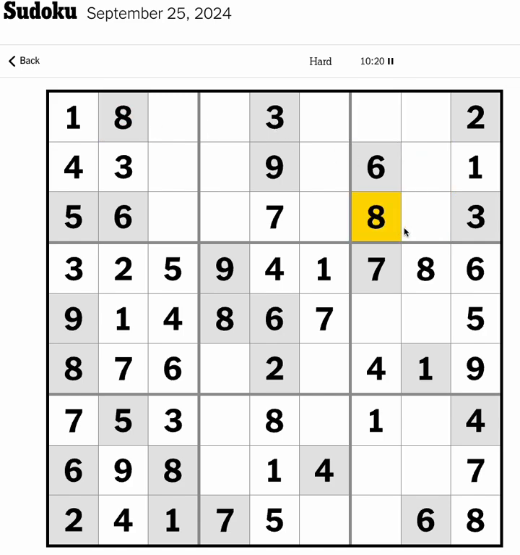That gives me 8 here. 8, 8, and 8 gives me 8 here. 1, 1, 1 gives me 1 here. 4 blocks these 2. 4 blocks here gives me 4 here. 4 gives me 4 here.